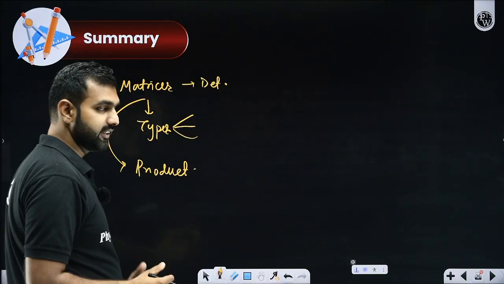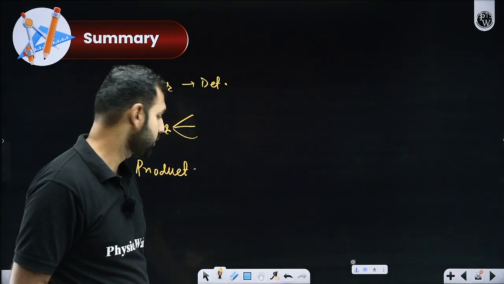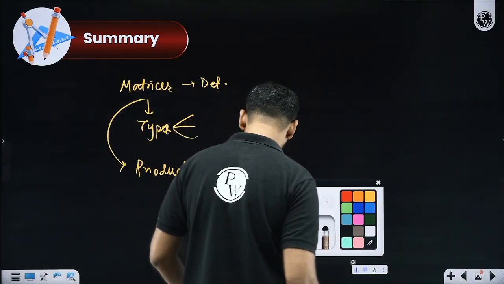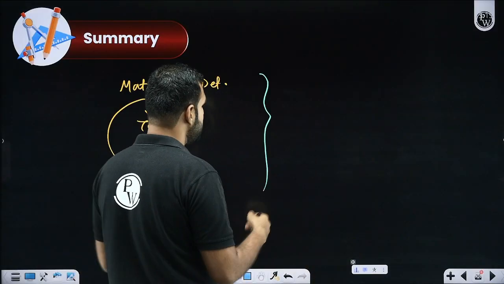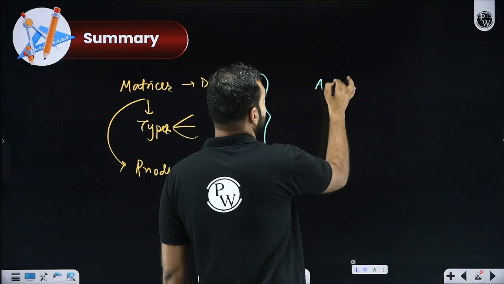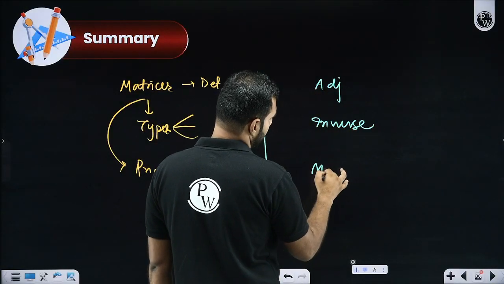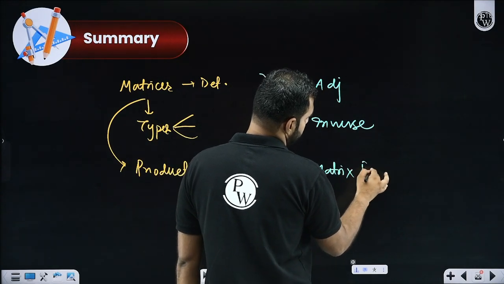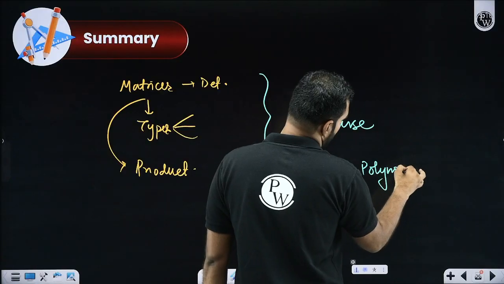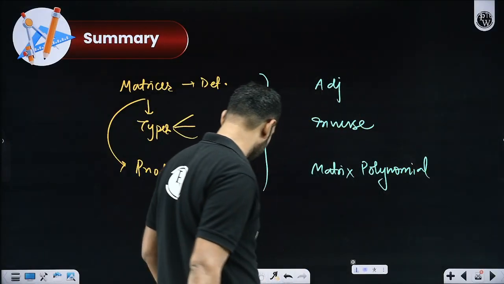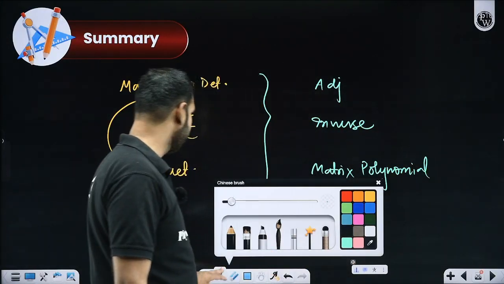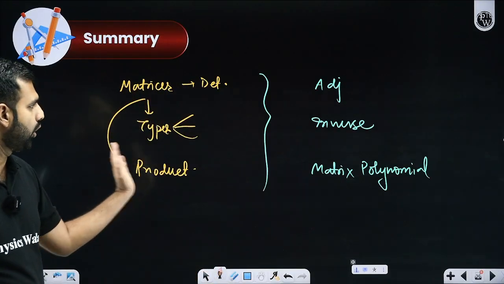Then I kept on discussing different types of matrices: skew-symmetric, symmetric, transpose, and a lot of operations. And then eventually I shifted to three major things: adjoint, inverse, and finally matrix polynomial, which is the more important chunk of this chapter. So far, this is what we have discussed, and we are done with this chapter.